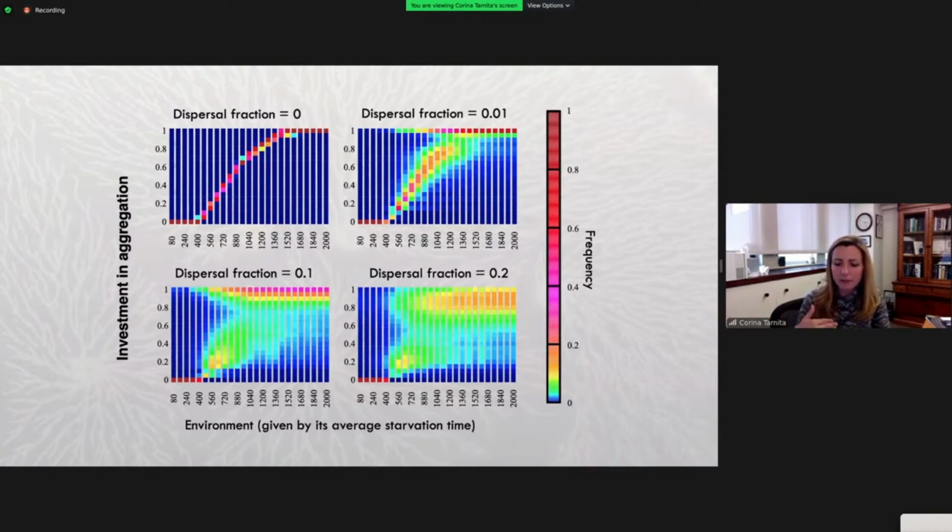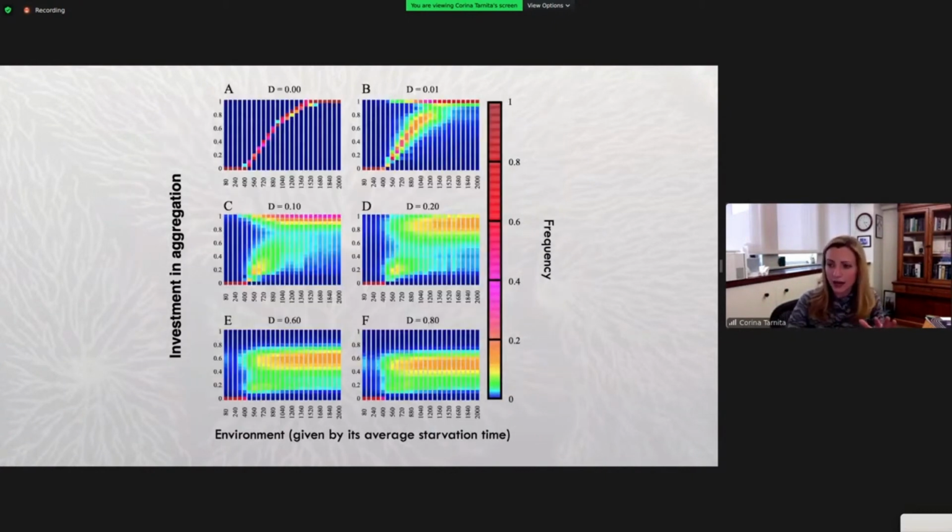And you get, at about 20% dispersal fraction, all sorts of a diversity of strains coexisting in every single environment. The interesting thing is that if your dispersal gets too high, then what you get is more or less one super bet hedger strategy that basically sees all environments all the time, almost equally likely, and optimizes for all of them.